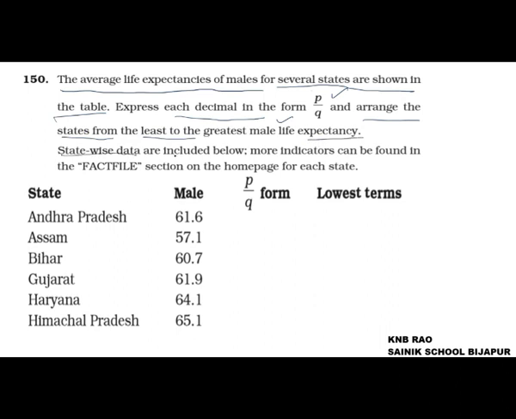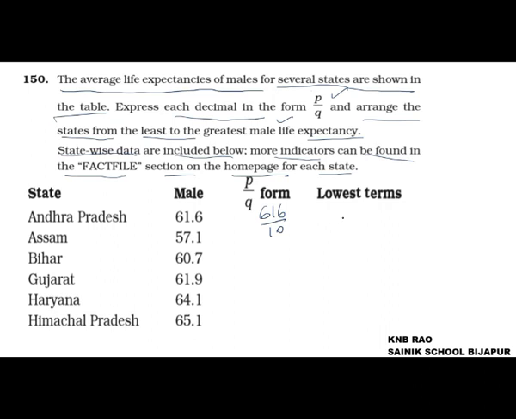State-wise data are included below. More indicators can be found in fact file section in the home page of each state. So you can check their website to get appropriate data. But here 61.6, which is a decimal form, we are asked to convert it into P by Q form. So 616 upon 10.